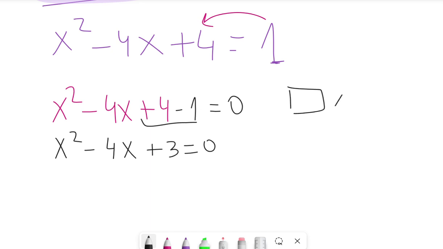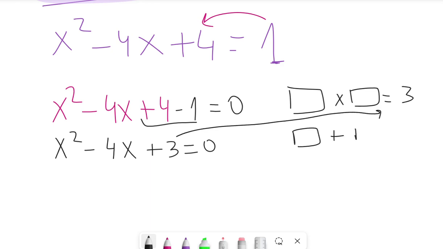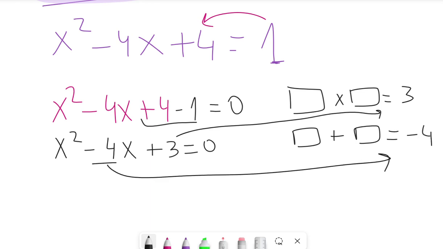What are the two numbers that multiply to get 3, but if we add them, we get negative 4? This one is pretty easy as well. Negative 3 multiplied by negative 1, and negative 3 plus negative 1 is equal to negative 4.